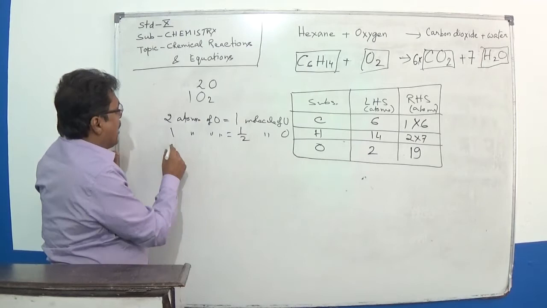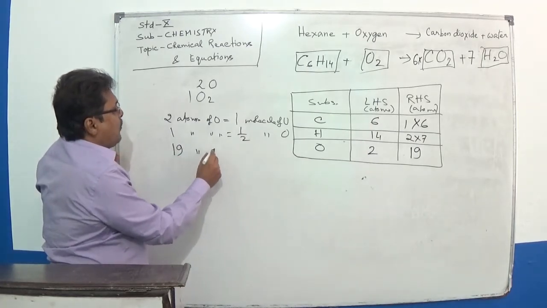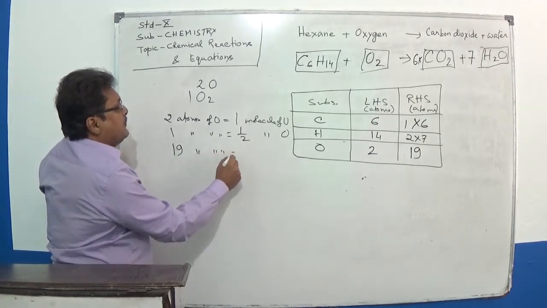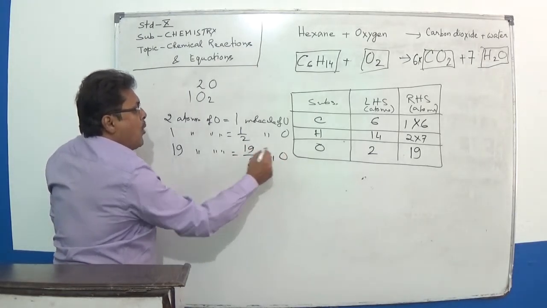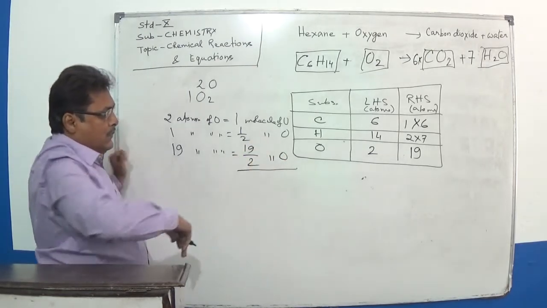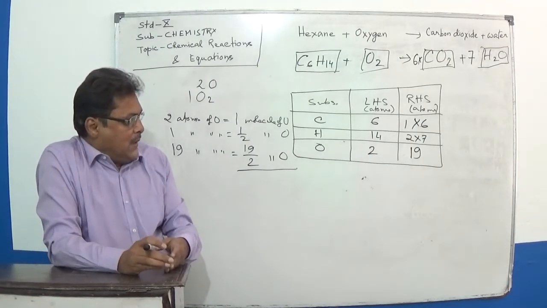So 19 atoms of oxygen equal 19 by 2 molecules of oxygen. Now you get the problem.